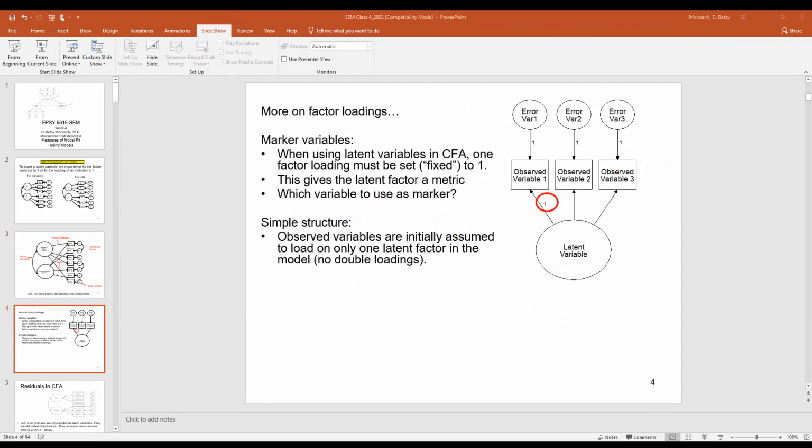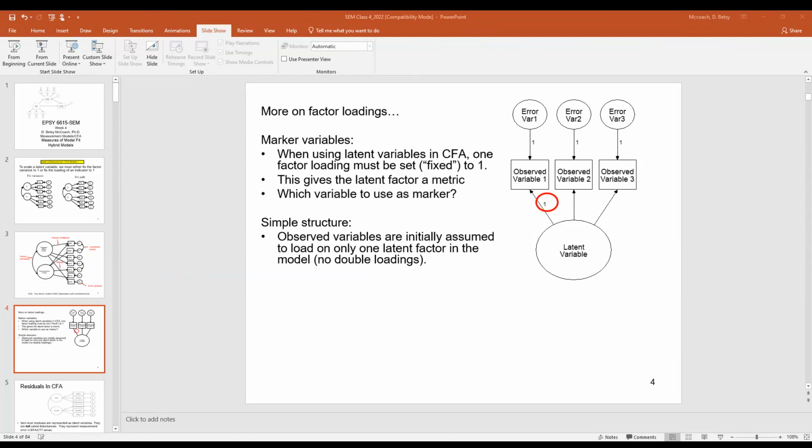Oh, yeah, in EFA, you actually are allowing for loadings on all of the other factors. Like if you have a 3-factor model in an exploratory factor analysis, even though you're hoping that this item loads on factor 1, you actually are allowing every item to load on every factor that you extract. But in CFA, that's not true.